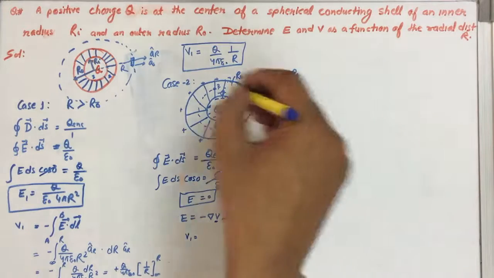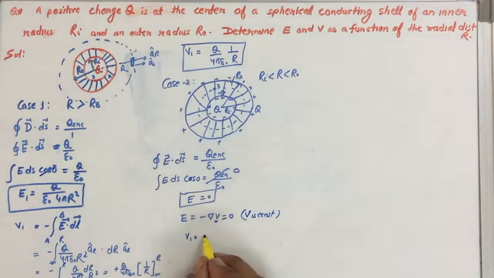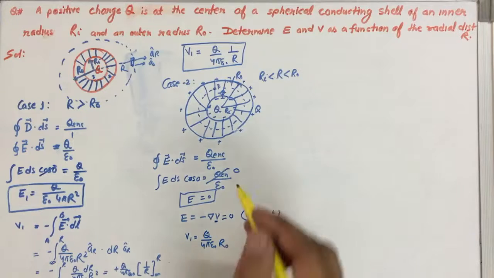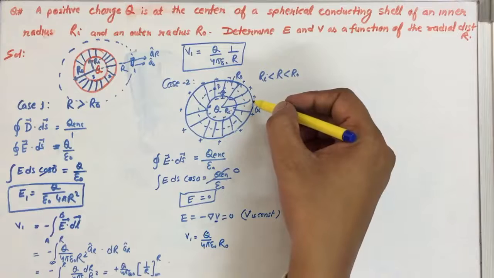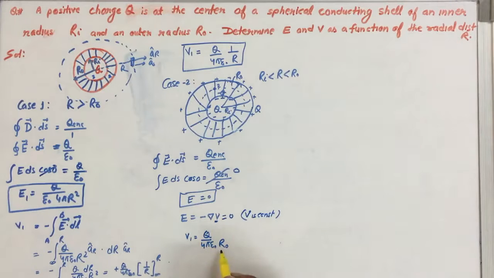Actually at any external point, V was given as Q by 4 pi epsilon naught R, and if we put the value of R as R0, that is valid from infinity to this point. So if we put R equal to R0, then it will be V1 at this surface.